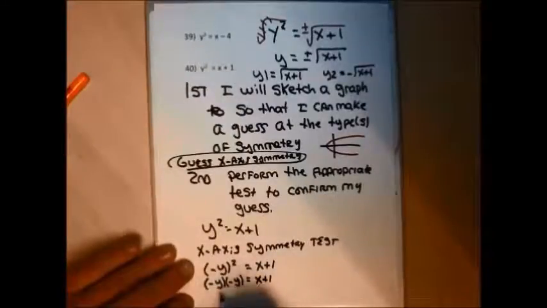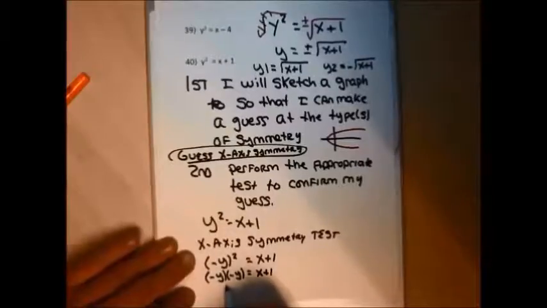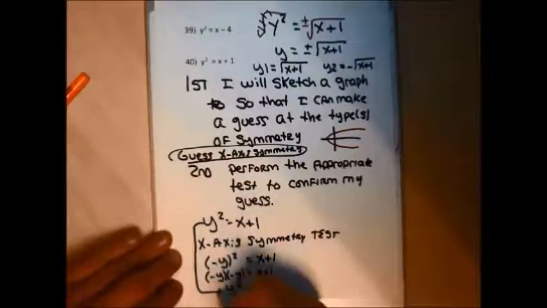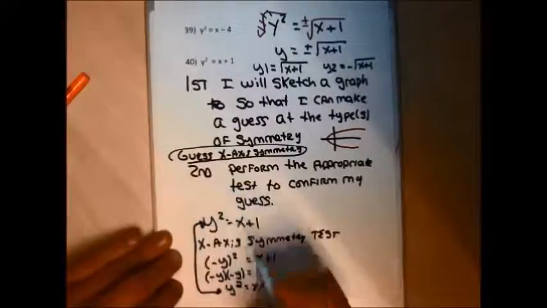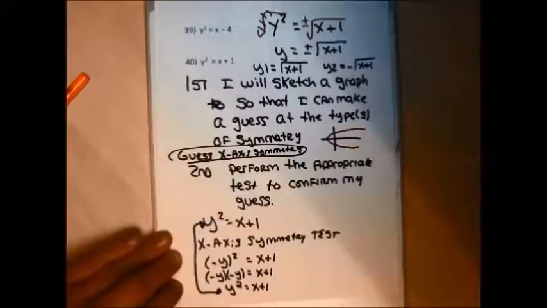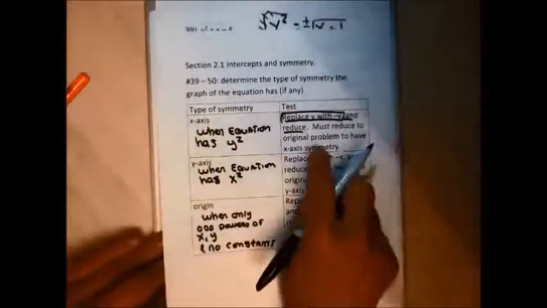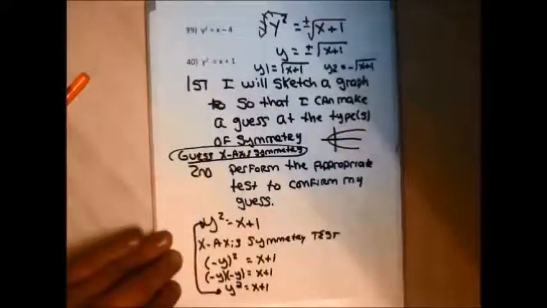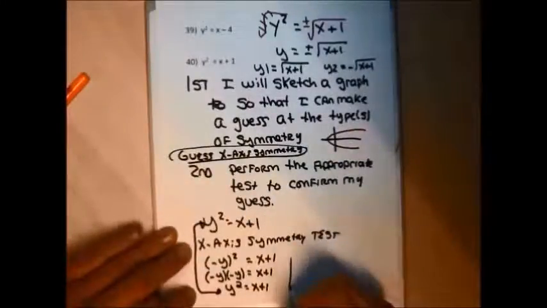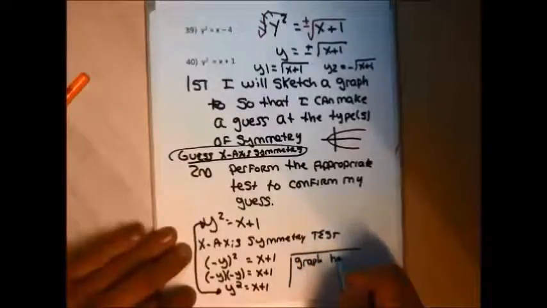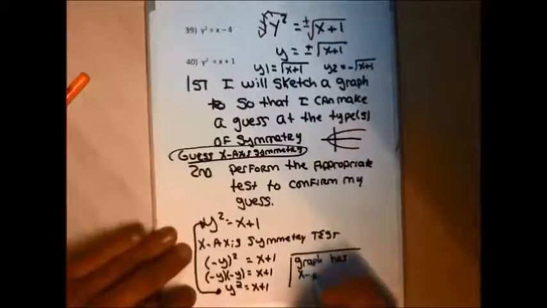Two negatives multiply out to be a positive, and two y's multiply out to be y squared. If I look at the original problem, it reduced to exactly the original problem when I replaced the y with negative y. The graph has x-axis symmetry. So my answer to this problem is the graph has x-axis symmetry.